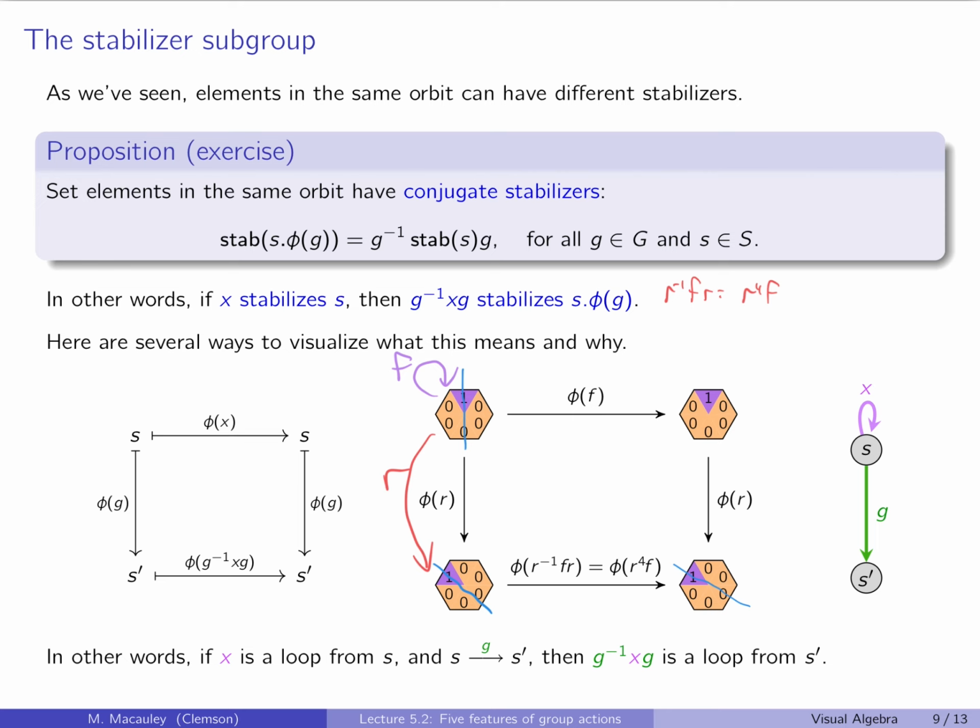You start with s, and then you press the phi of x times phi of g button, and that gets you there. But if you go the other way, s phi of g inverse x g gives me the same thing, because you move these inside and the g's cancel, leaving x g and x g.